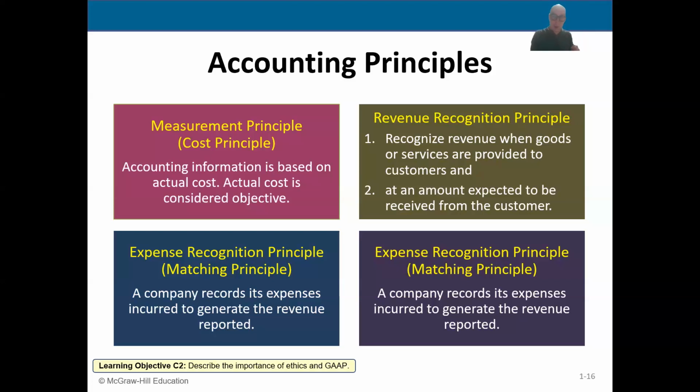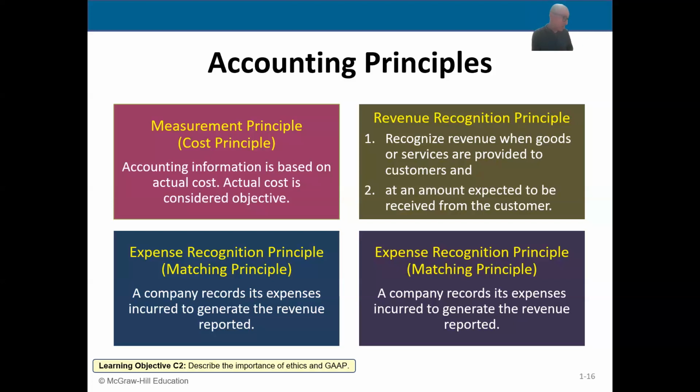The next one is called the revenue recognition principle. The revenue recognition principle tells us when to recognize revenue and at the amount that we expect to receive from the customer.